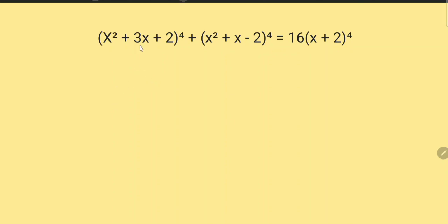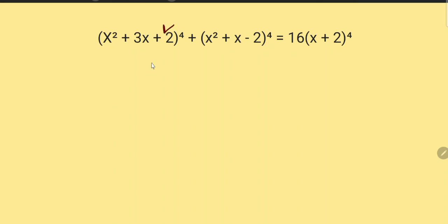If you take a look at this expression, x squared plus 3x plus 2 is a quadratic expression. Is this factorizable? Yes, it is factorizable. So we should look for two factors such that if we sum them together, it's going to be plus 3, and if we multiply them together, it's going to give us plus 2.